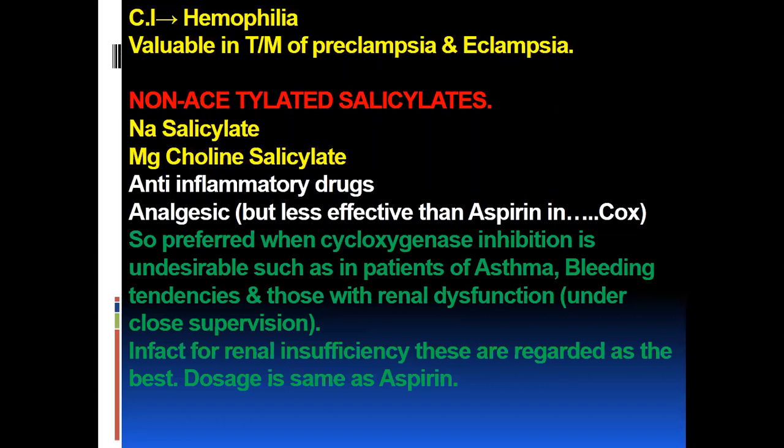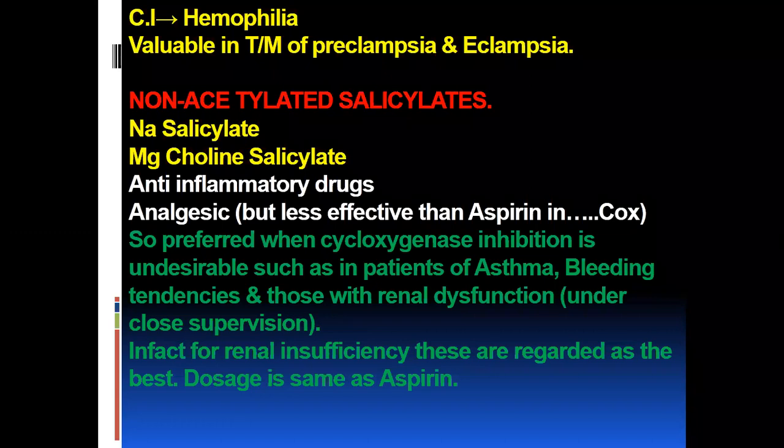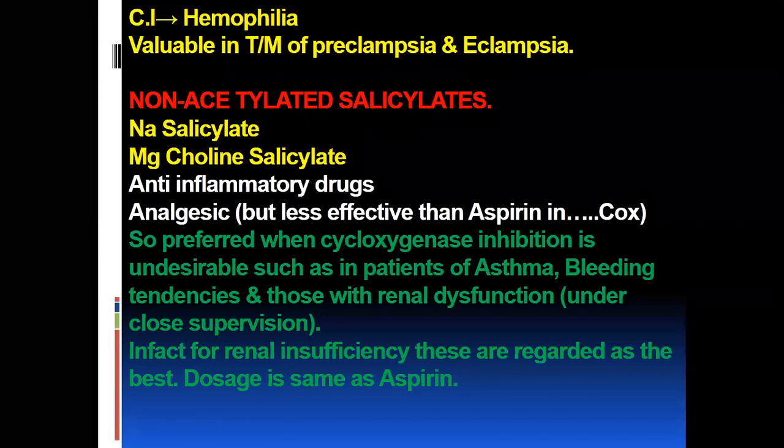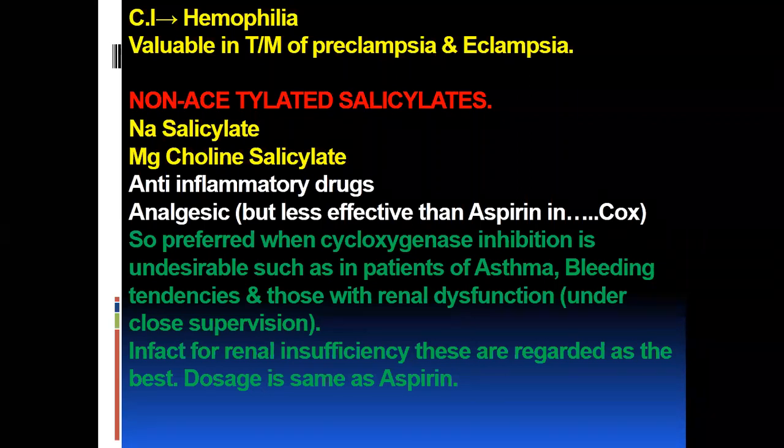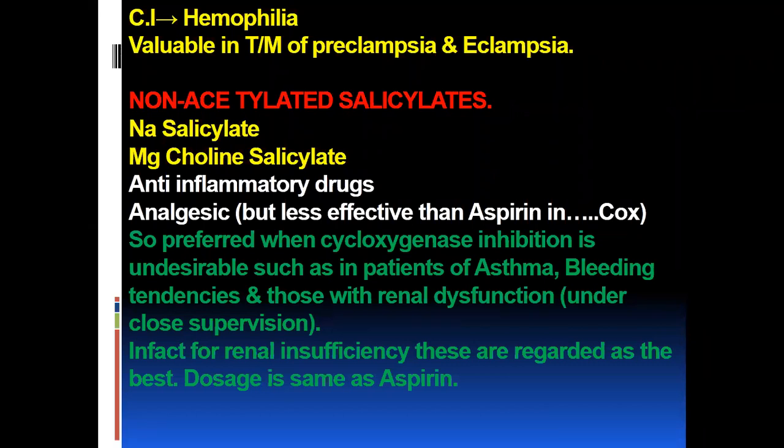Now examples of non-acetylated salicylates are sodium salicylate and magnesium choline salicylate. Now these again have anti-inflammatory action, but in the cases of analgesia, these are less effective than aspirin because these inhibit COX enzymes less than aspirin does. So they are preferred when cyclooxygenase inhibition is undesirable, such as in patients with asthma, bleeding tendencies, and those with renal dysfunction under close supervision.